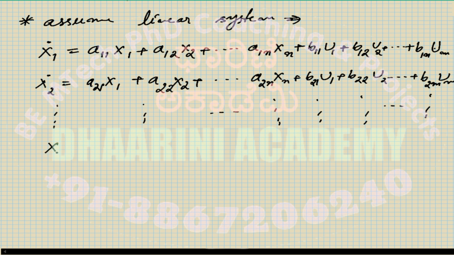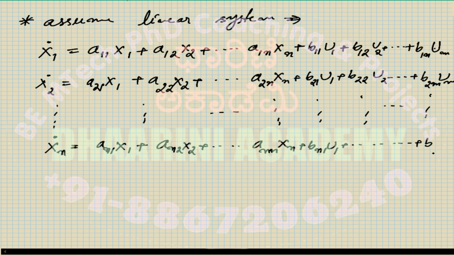So xn dot should be equal to an1 x1 plus an2 x2 plus ann xn plus bn1 u1 plus bnm um.